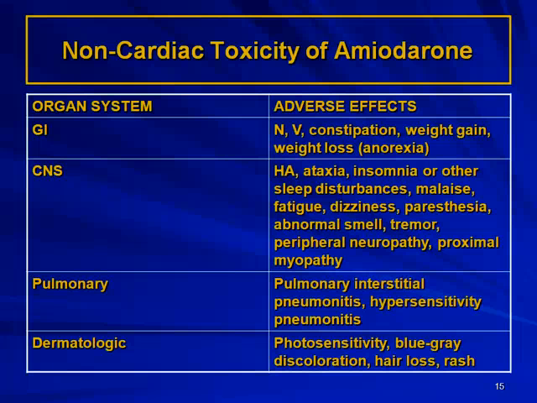If you have a patient who develops tremor that progresses to paresthesia or ataxia, I think that's the time that you're going to discontinue this drug. Sleep disturbances have been reported, so CNS side effects are not uncommon with amiodarone.